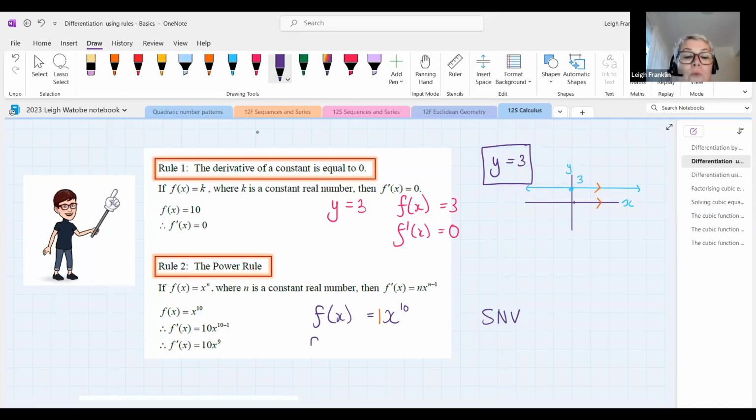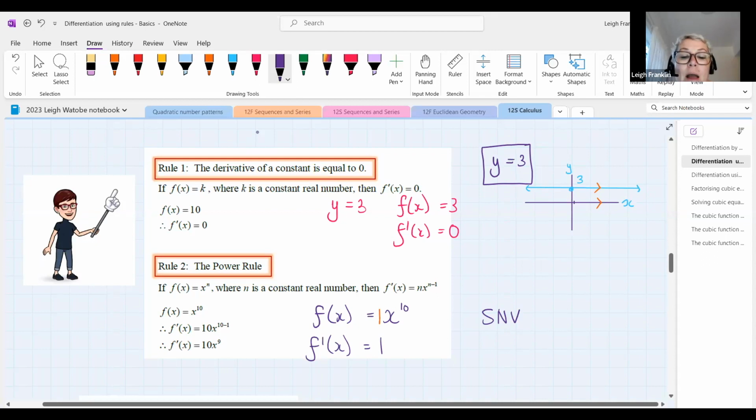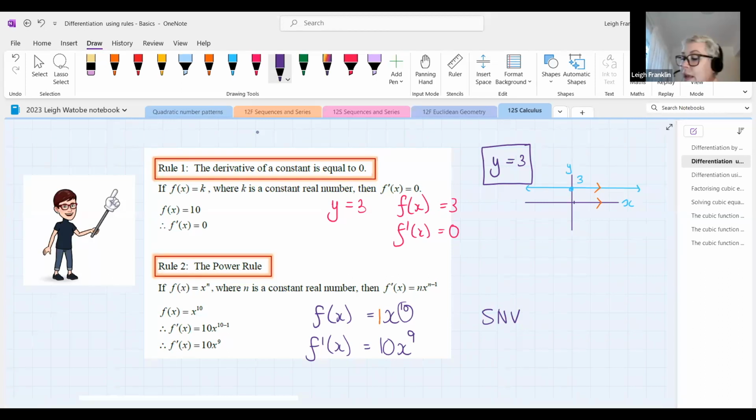So we write the derivative of y with respect to x. I'm going to multiply 10 and 1 together and get 10, and then take 1 away from my exponent, so I end up with an exponent of 9. That expression will allow me to calculate the gradient at any point on the curve, provided I know the x coordinate at that point.